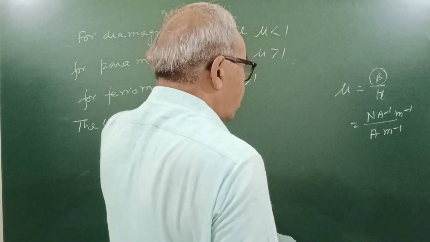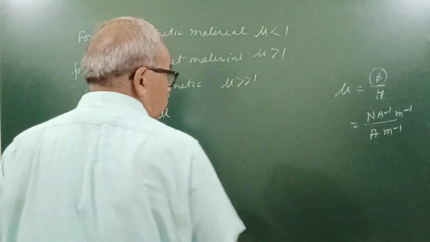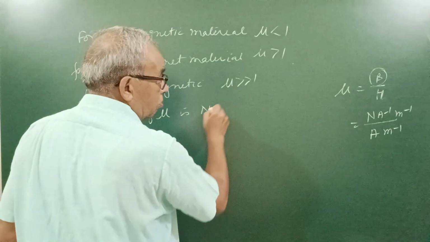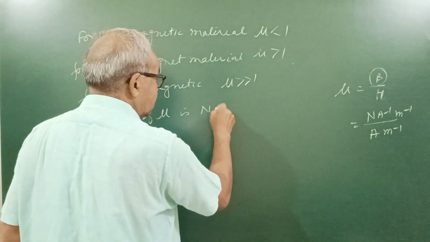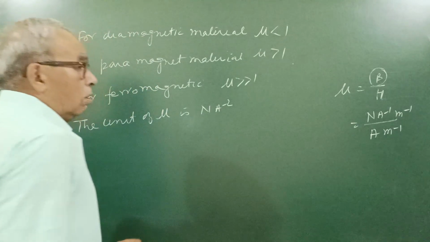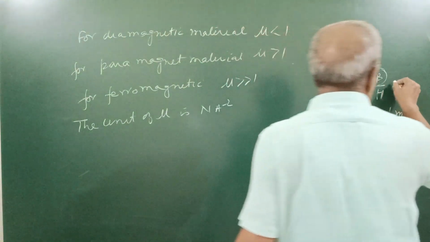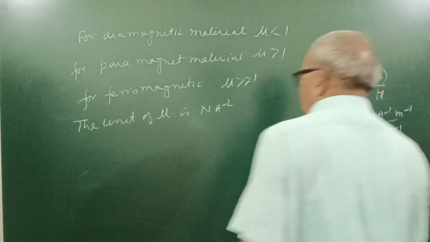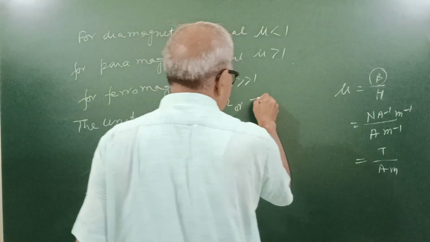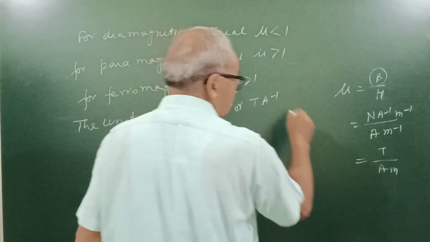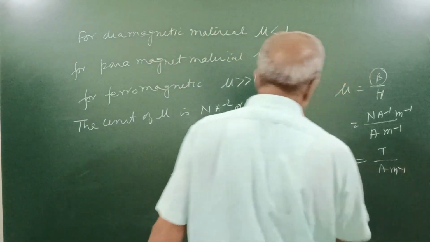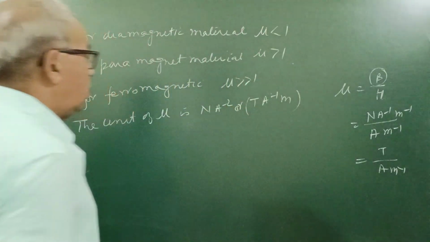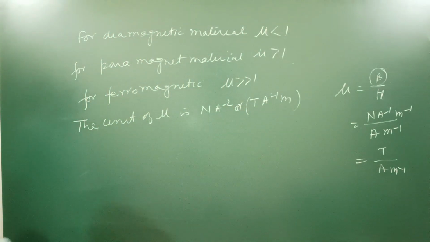So the unit of mu is Newton per ampere square. Or if you write in Tesla, it is Tesla upon ampere per meter, or you can write Tesla meter per ampere. So these units can be used for magnetic permeability.